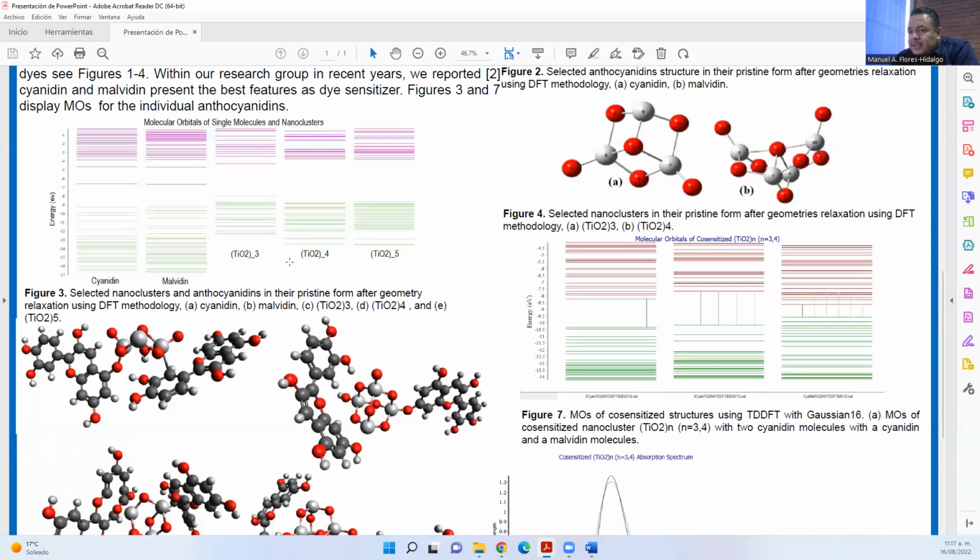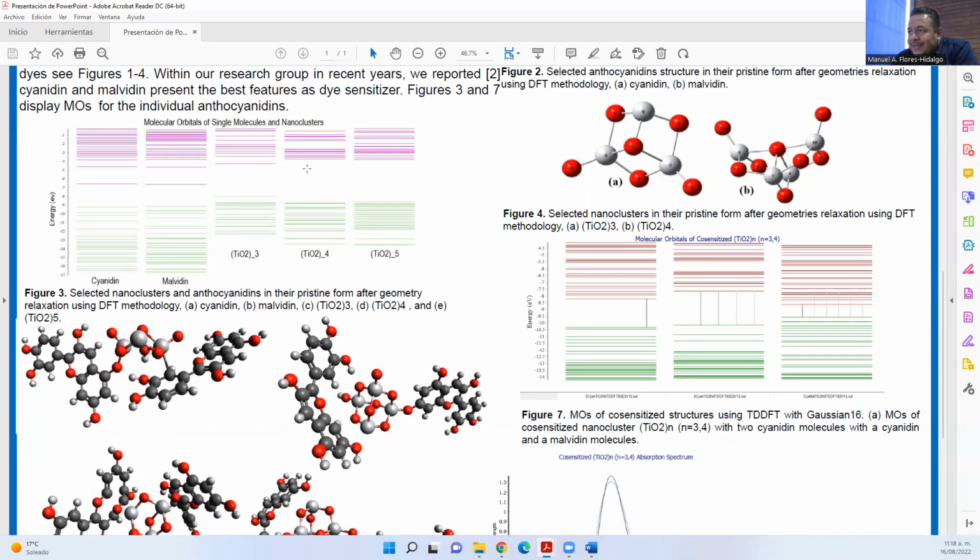In particular, in this document, we are including the 3-unit and 4-unit titanium dioxide nanoclusters. The 5-unit titanium dioxide, we will report in a second document for the sake of room to accommodate the whole bunch of data that we want to explain here.